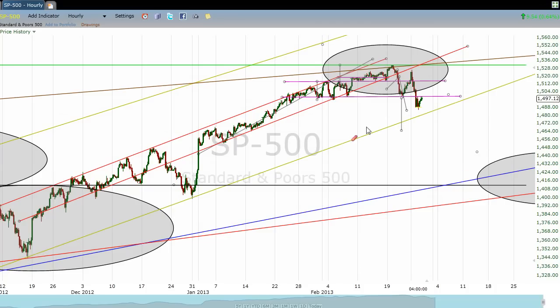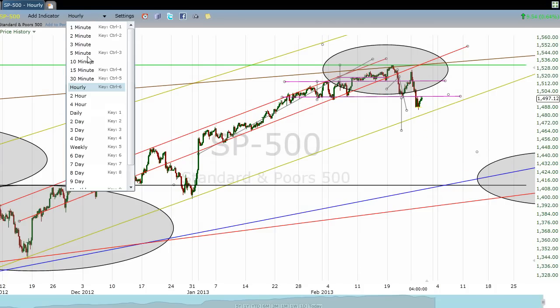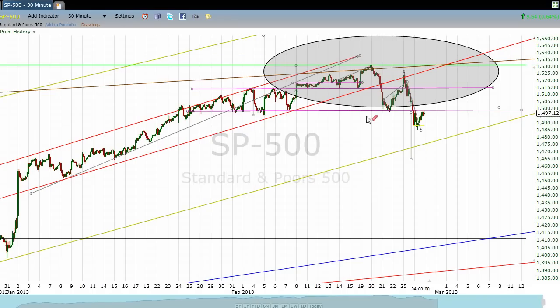So here we were looking at a potential head and shoulders pattern, this being the neckline. And I mentioned yesterday, wouldn't you know it, we go and we get another one of these truncated patterns where for whatever reason these things aren't coming to full maturity.